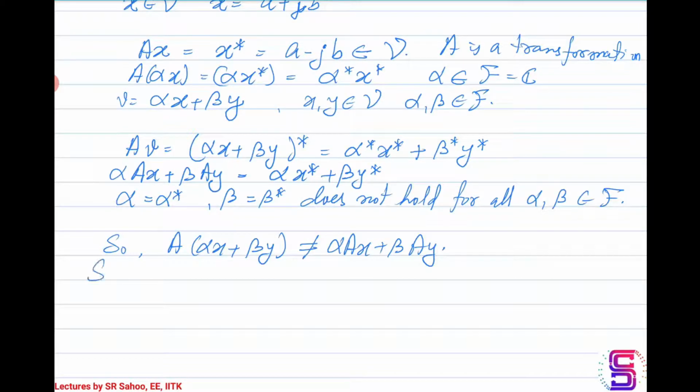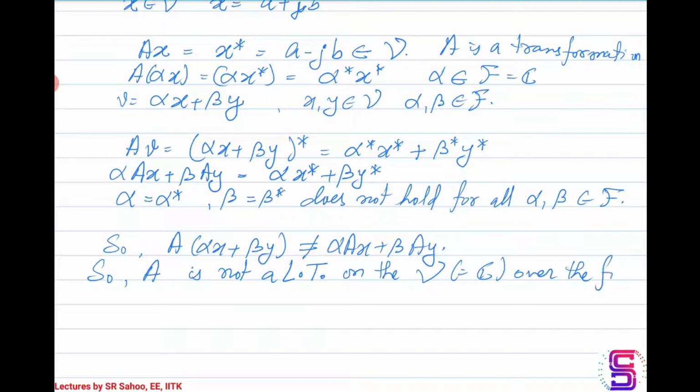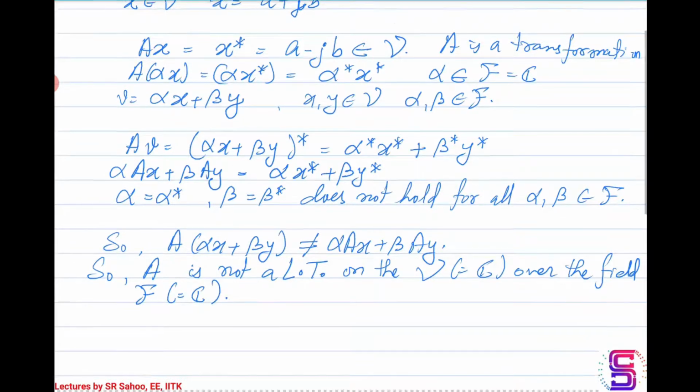So though A is a transformation, A here is not a linear transformation on the vector space C over the field, which is the set of complex numbers. Okay, it is not a linear transform.